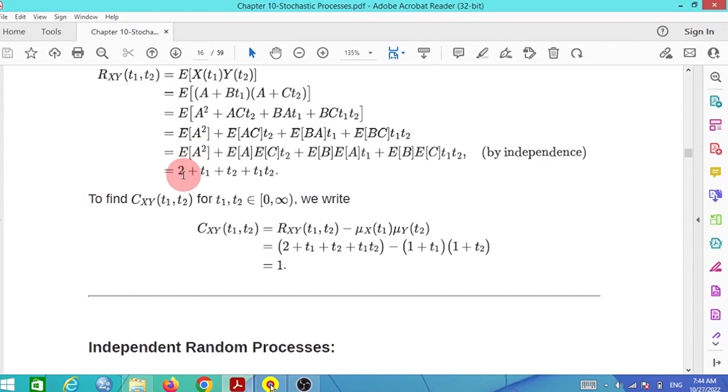Replace, and you reach this value. The expected value of A is 1, so this is A squared. Replace the value and simplify, and you reach this figure.